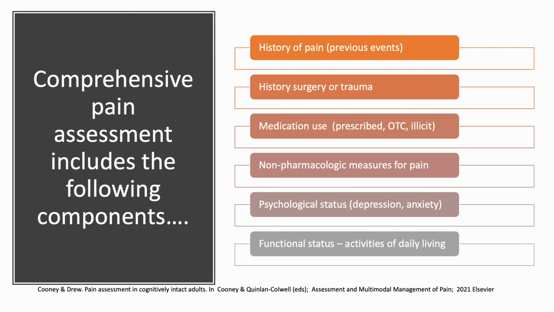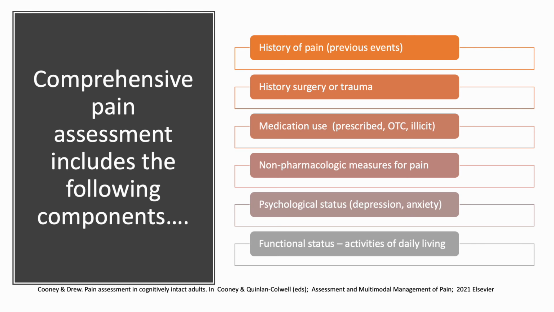Is there a history of pain? Does this person have a history of chronic pain, like DJ in our case study? Is there a history of surgery or trauma? What's the medication use? And really also looking at illicit use, because patients might be telling you, listen, my patient that's in the hospital now saying, yeah, I'm using fentanyl for pain, not fentanyl that's prescribed, illicit, because my pain is uncontrolled.